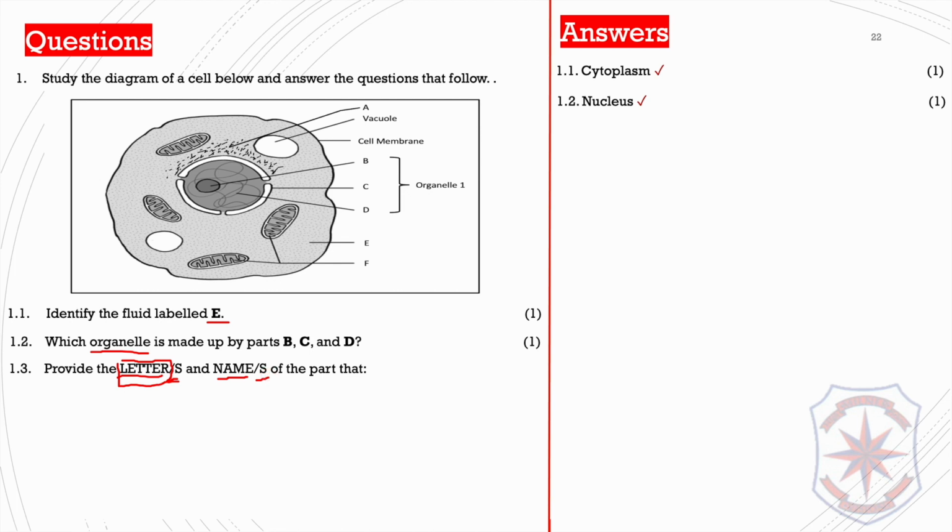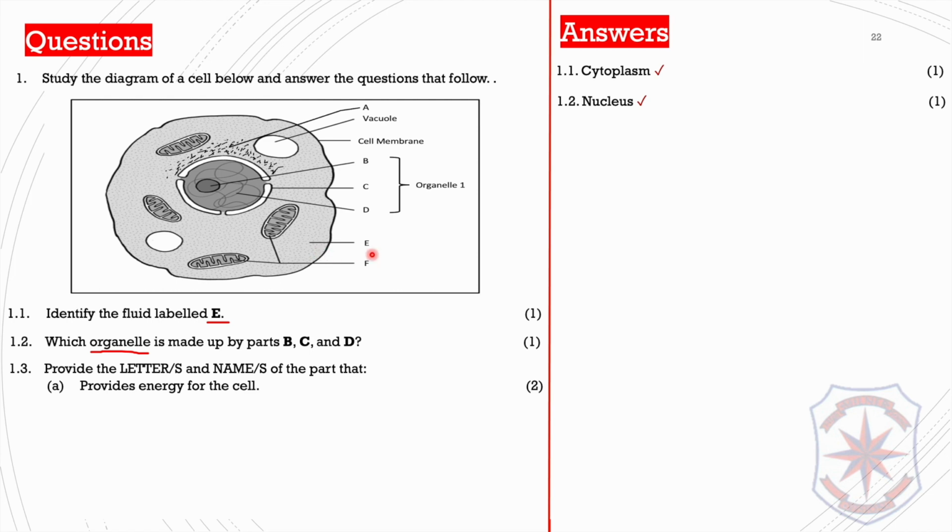All right. Let us read the instruction again. The instruction says, provide the letter or letters and name or names of the part that, sub-question A, provides energy for the cell. Now, remember I said that examiners will either ask you directly for you to label an unlabeled part, such as here, identify fluid labeled E. That is a direct question.